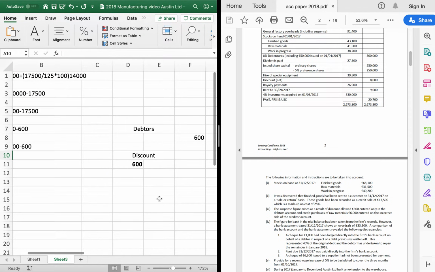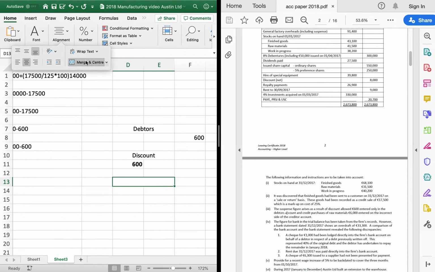So if we've bought raw materials, what is the double entry when you buy goods? It's debit purchases of 6,000 and credit creditors of 6,000. So that's what it should be. That's what the T accounts should look like, right?